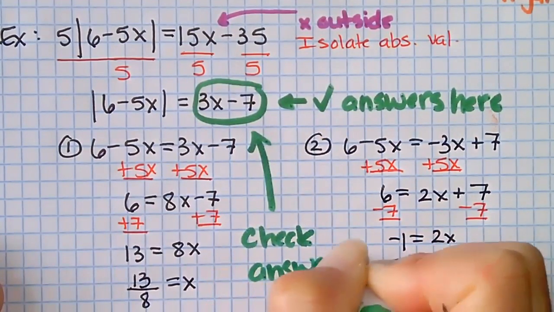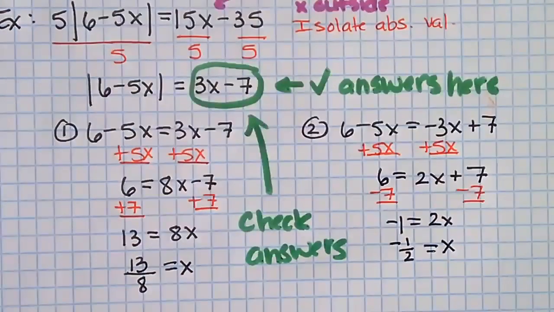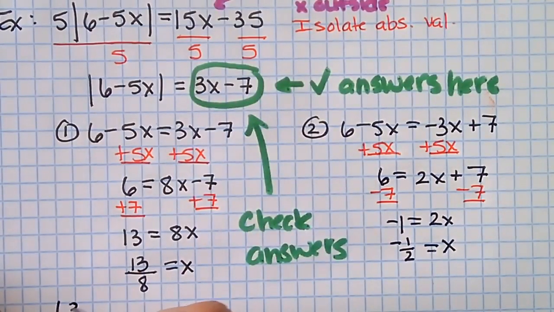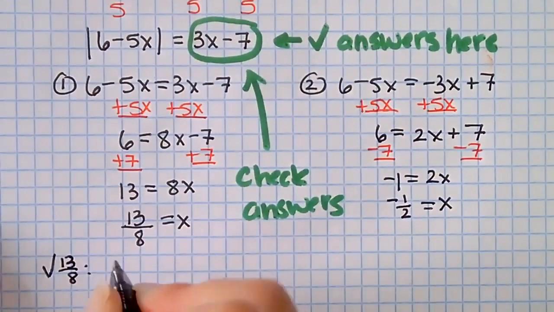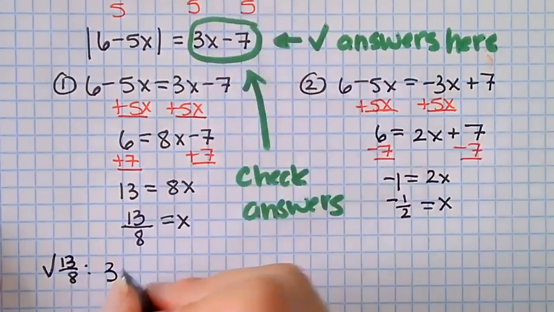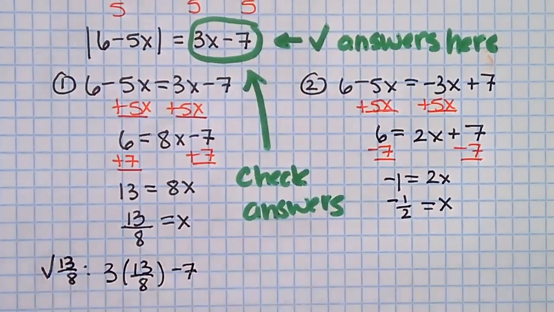Okay, so I'm going to be putting 13/8 into here. So I'm going to check 13/8. And when I put 13/8 in, I get 3, again, I'm putting it right into this, times 13/8 minus 7.